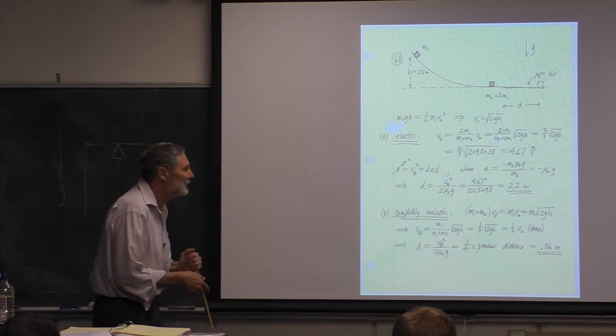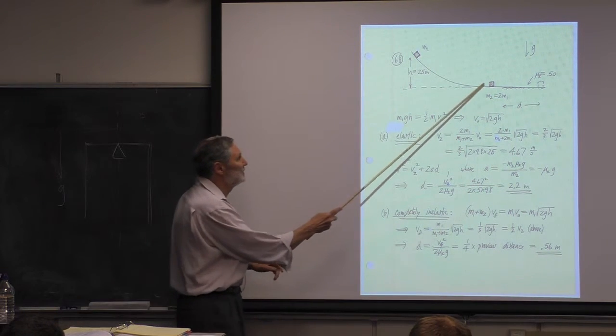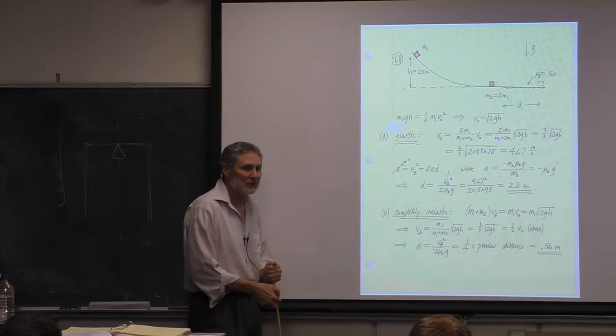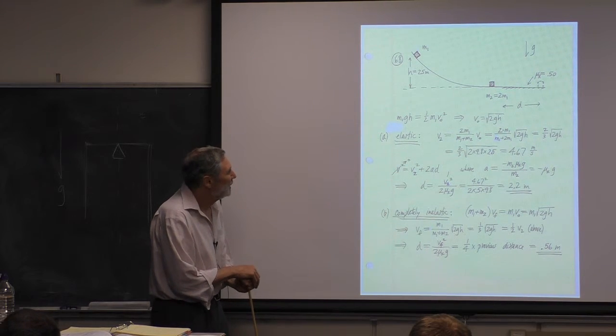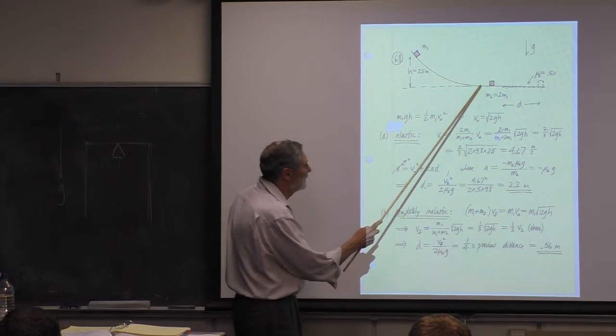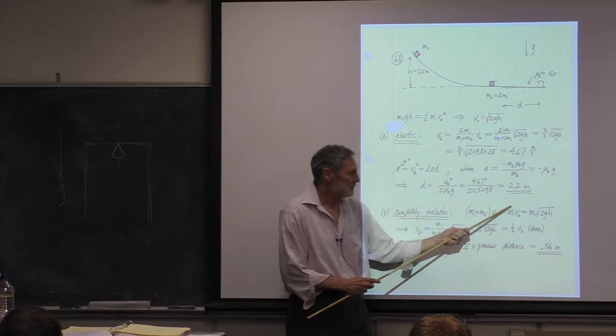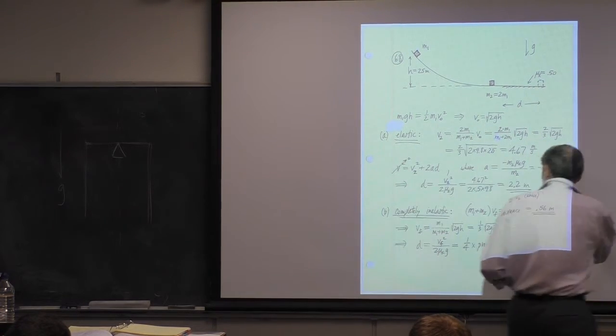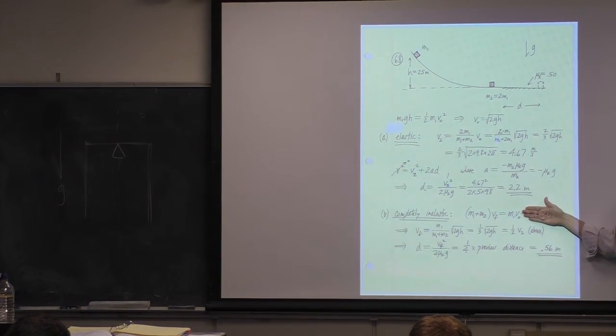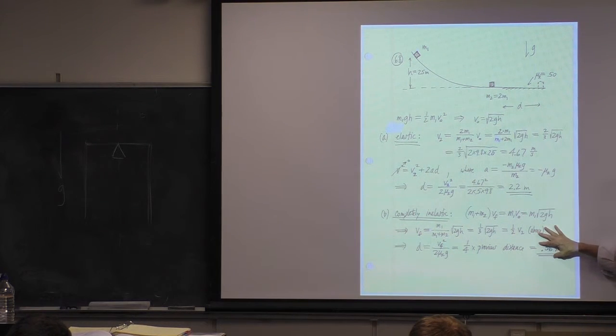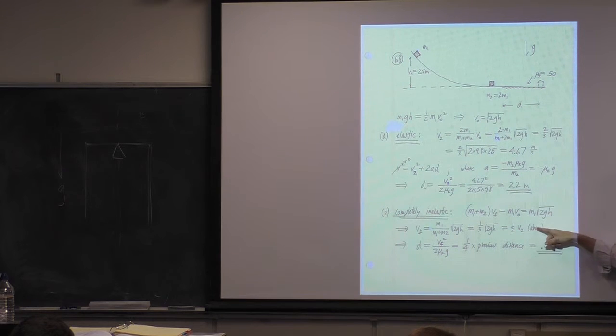Now let's ask, what's the distance if these two masses stick together? That's a completely inelastic collision. Now we can easily find the final velocity. See the momentum conservation there? Final momentum equals initial momentum. That allows us to find the final velocity.